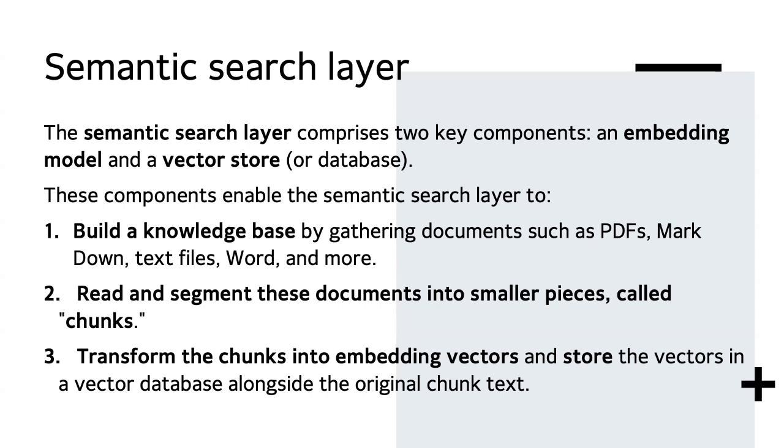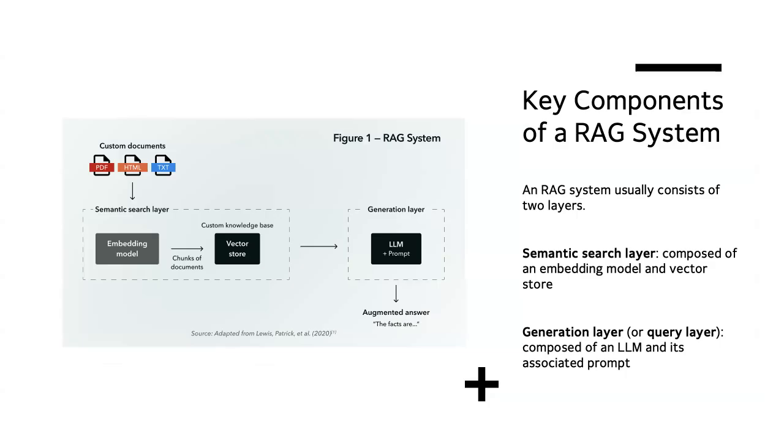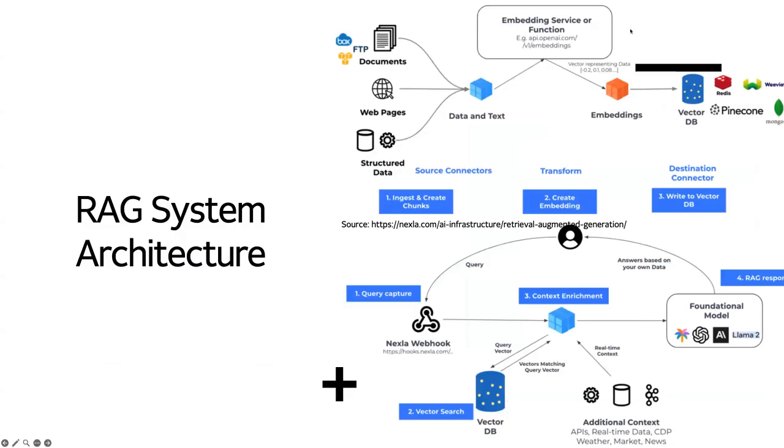These components enable the semantic search layer to build a knowledge base by gathering documents such as PDFs, Markdown, text files, Word, or other stuff. Also, it reads and segments these documents into smaller pieces called chunks, transforms the chunks into embedding vectors, and stores the vectors in a vector database alongside the original chunk text. So this part.